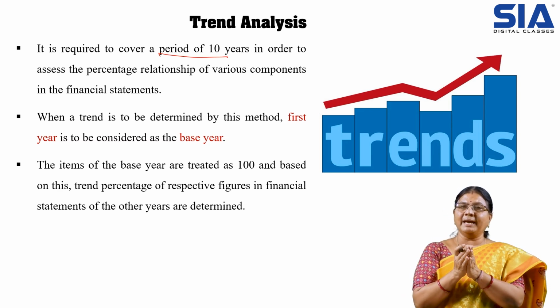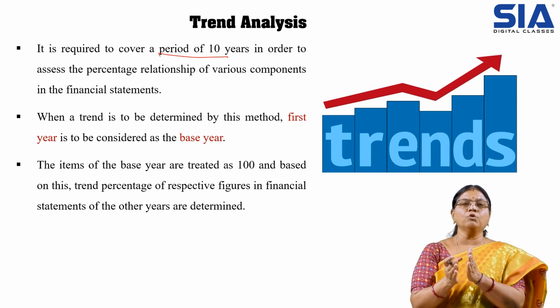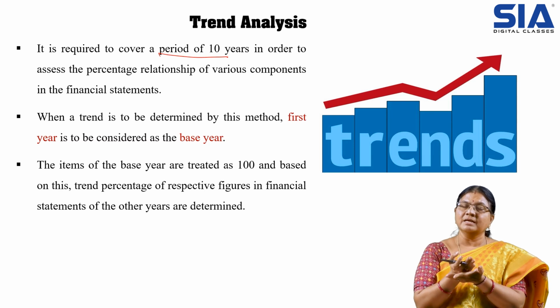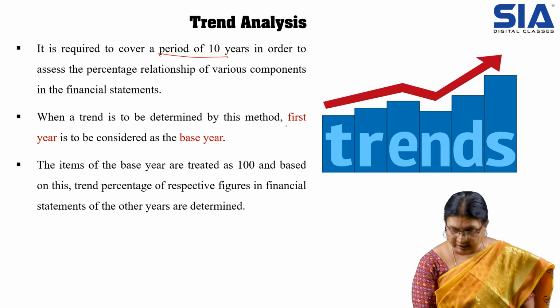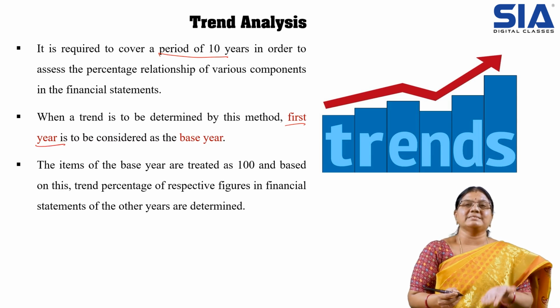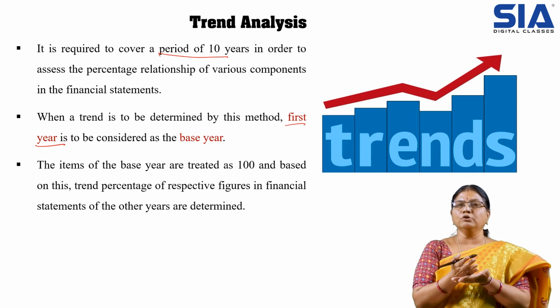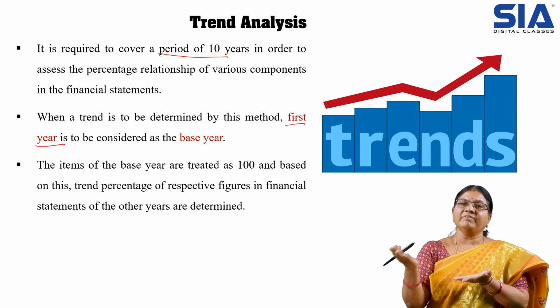When we compare the financial statement data related to 10 years, we will make 1 year as the basis, that is the first year. Whatever the figures are for the first year, we should treat it as the base. Keeping the first year as the base, we will determine the remaining years with this base.